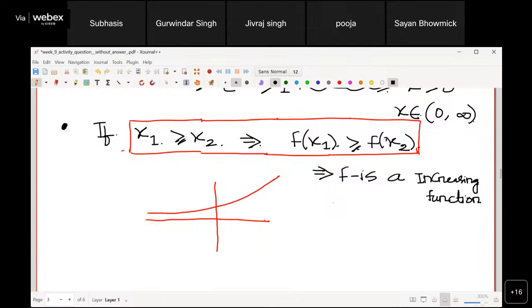If you increase the value of x, going towards the right side of the x axis, the value of the function is increasing. So this is an increasing function.